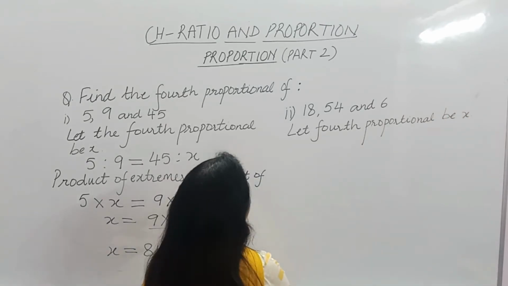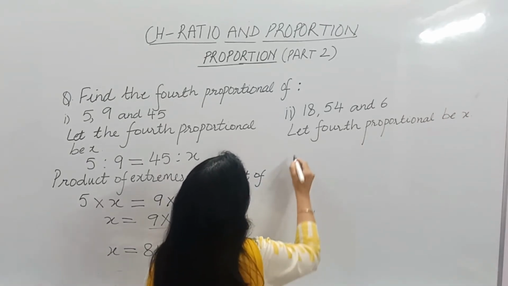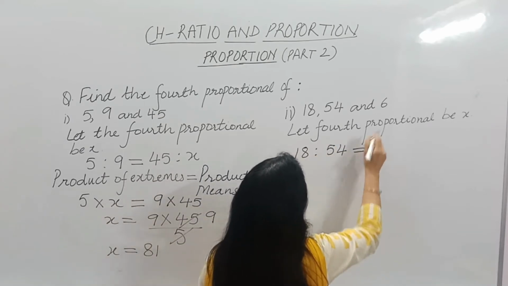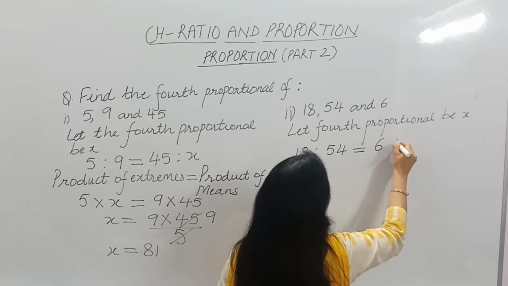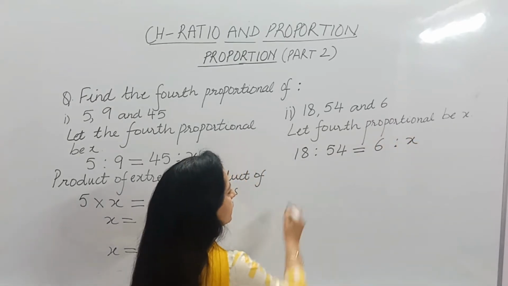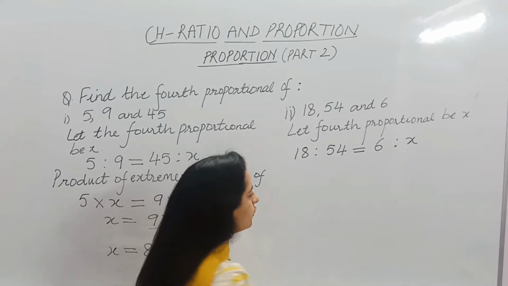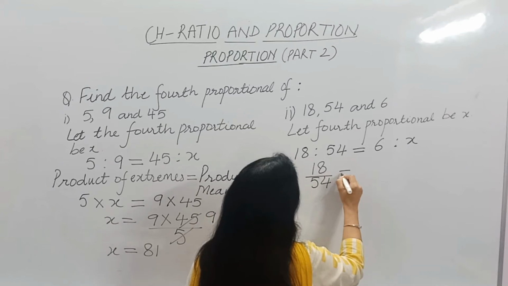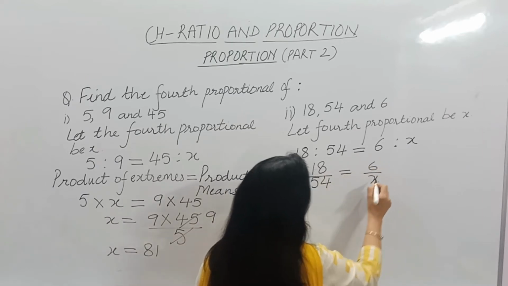Now here the ratio between the first and the second quantity will be equal to the ratio between the third quantity and the fourth quantity, which is x. Now we can write these ratios in fraction form. So we'll write it as 18 upon 54, which is equal to 6 upon x.